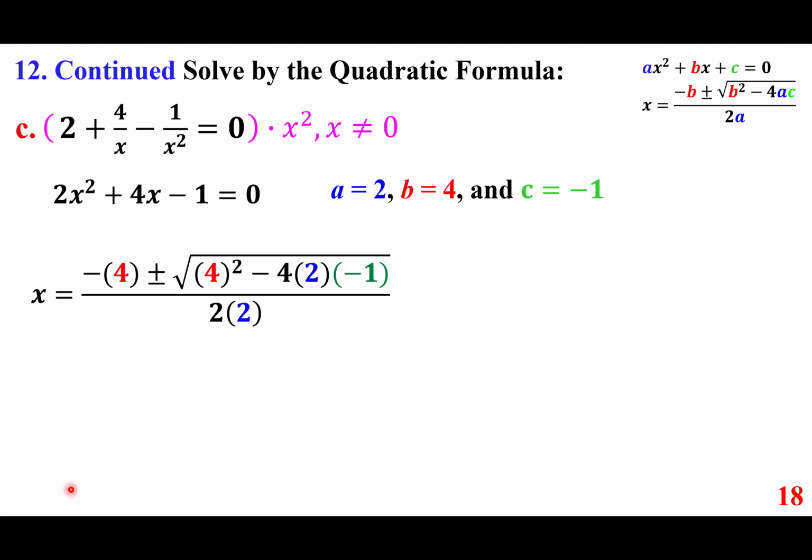And so we have 16 plus 8 is 24. Again, 24 happened to be the product of 4 and 6, and the 4 comes out as 2.